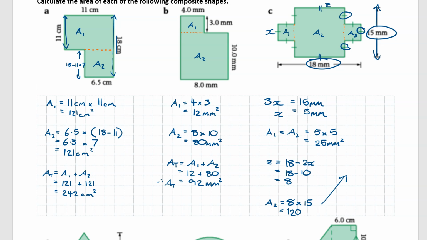Moving up here, we're going to get A total equals A1 plus A2 plus A3. So 25 plus 25 plus 120, and that will all equal 170 millimeters squared. So nothing too tricky there.